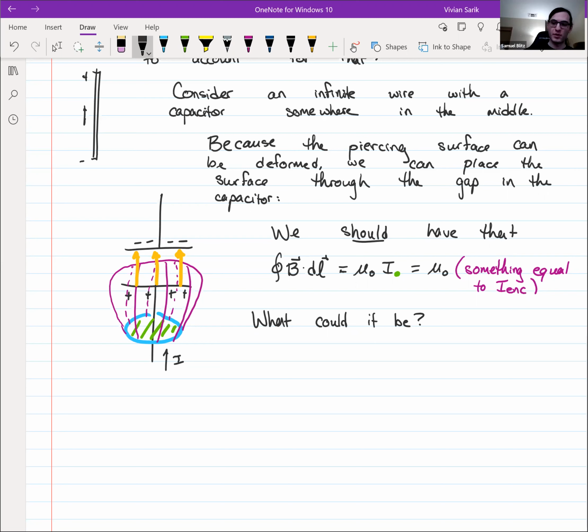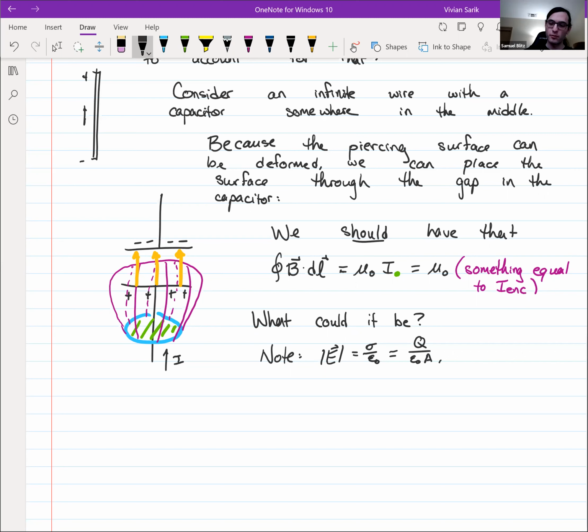As a quick reminder from earlier in the course, the electric field inside a parallel plate capacitor is just sigma over epsilon naught, where sigma is the charge density. Assuming it's a parallel plate capacitor, we can find sigma by dividing the total charge on the capacitor by the area. So this is Q over epsilon naught A, where A is the area of the plates.